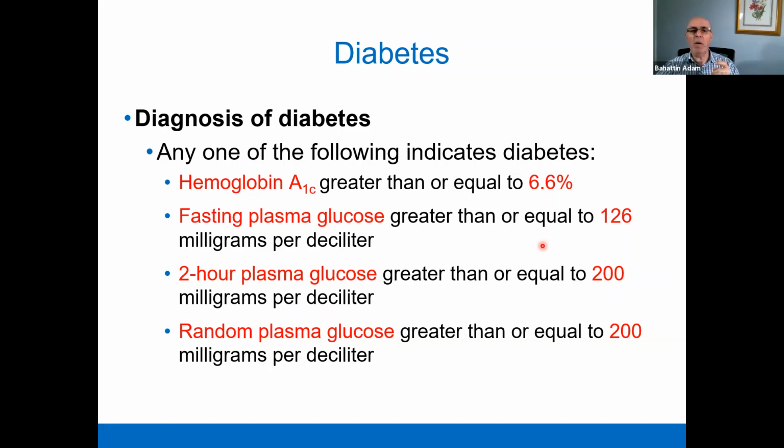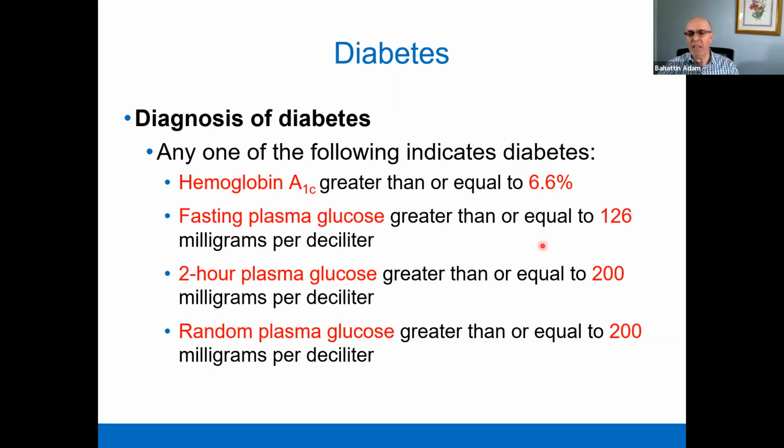Any of the following indicates diabetes. If hemoglobin A1C is greater or equal to 6.6%, or fasting plasma glucose is equal or above 1.26 milligram per deciliter, or 2-hour plasma glucose is greater or equal to 200 milligram per deciliter, or random plasma glucose is greater or equal to 200 milligram per deciliter.